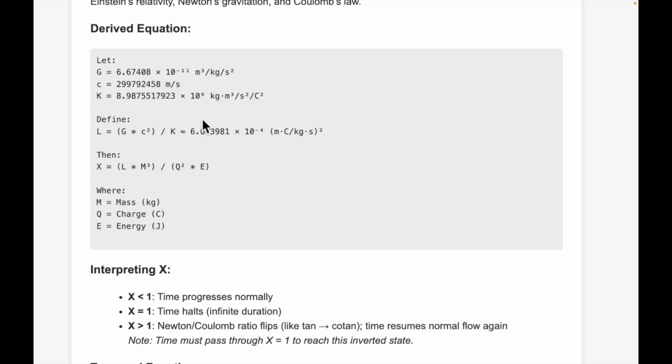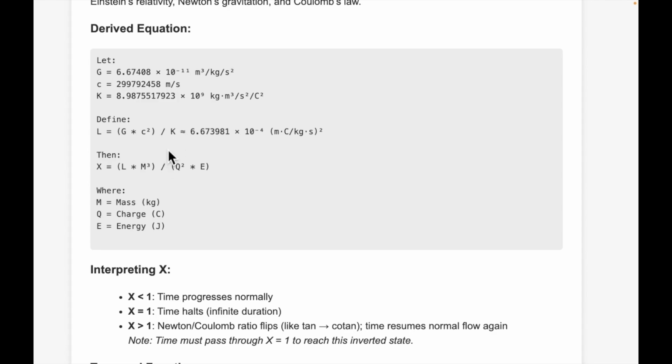Einstein times Newton divided by Coulomb's law: G, the gravitational constant, times the speed of light squared over Coulomb's electromotive force constant. So these are the right way around.